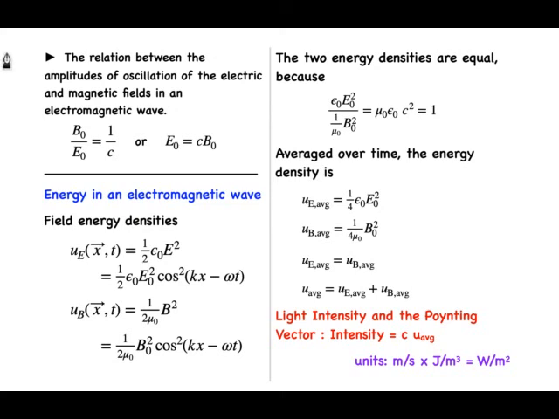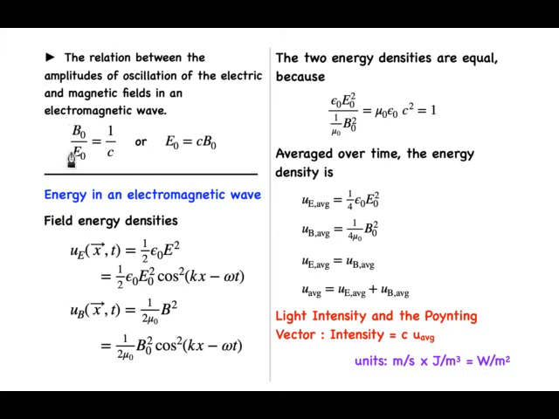Well, we're almost done, but remember there was another relationship that was required for the wave solutions to obey Maxwell's equations. And that leads to a relation between the amplitudes of oscillation of the electric and magnetic fields in an electromagnetic wave.